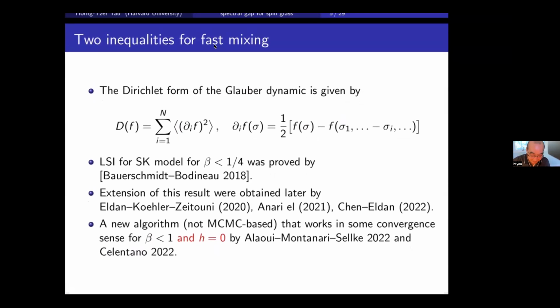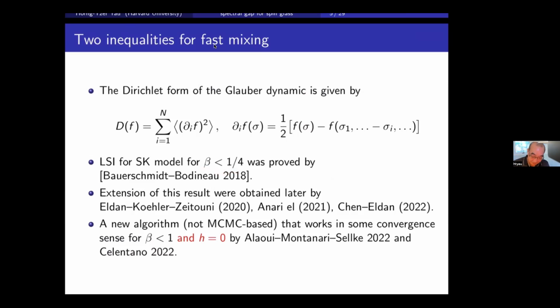Now, for the log-Sobolev inequality for the SK model, there is a proof by Bauerschmidt and Bodineau in 2018, and this is for beta less than 1/4. But this is only for the SK model. There are various extensions by different groups, but this 1/4 was not improved.